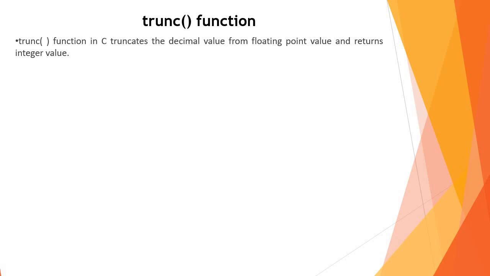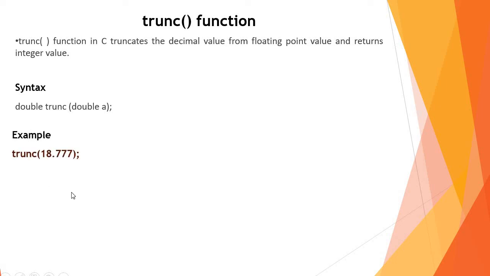Finally, the trunc function. The trunc function is used to truncate the decimal values from floating point values and returns the integer value alone. Syntax: double trunc(double a). trunc is the function name, again double is the return type, and double a is the parameter which we are going to send to the trunc function.